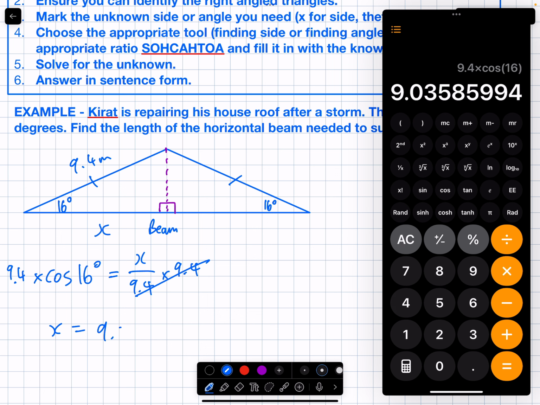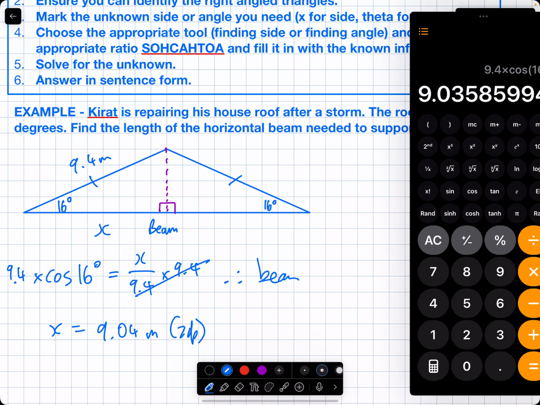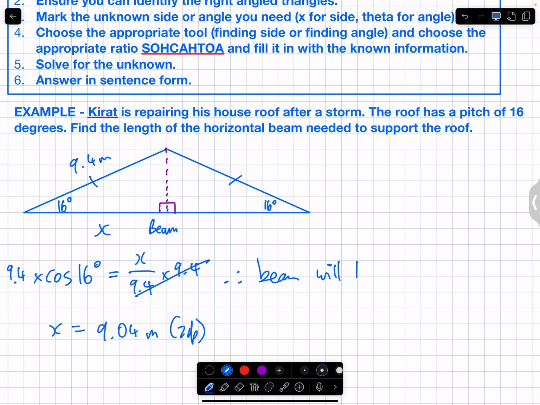X is going to be 9.04 meters to 2 decimal points. Is that my answer? No, because that's only half the beam. So therefore, the beam will be 18.08 meters in length.